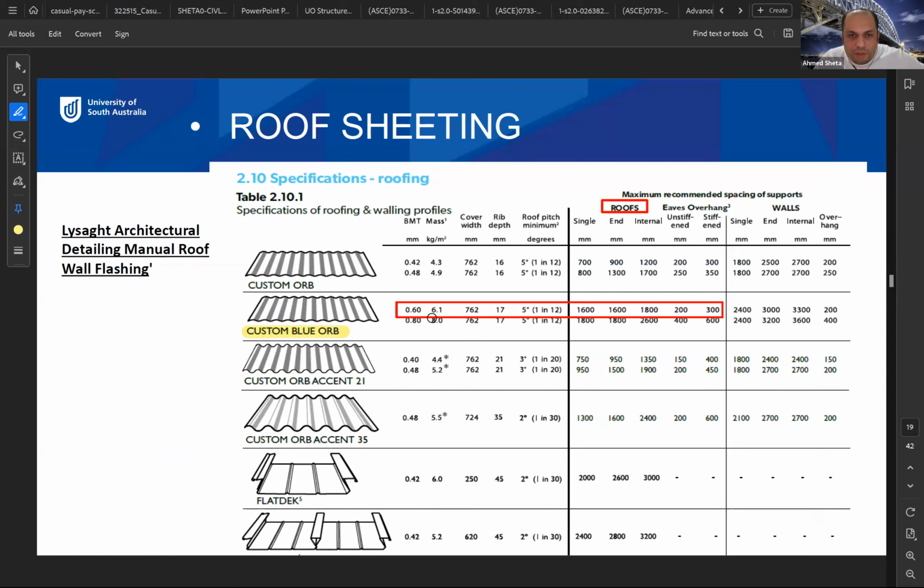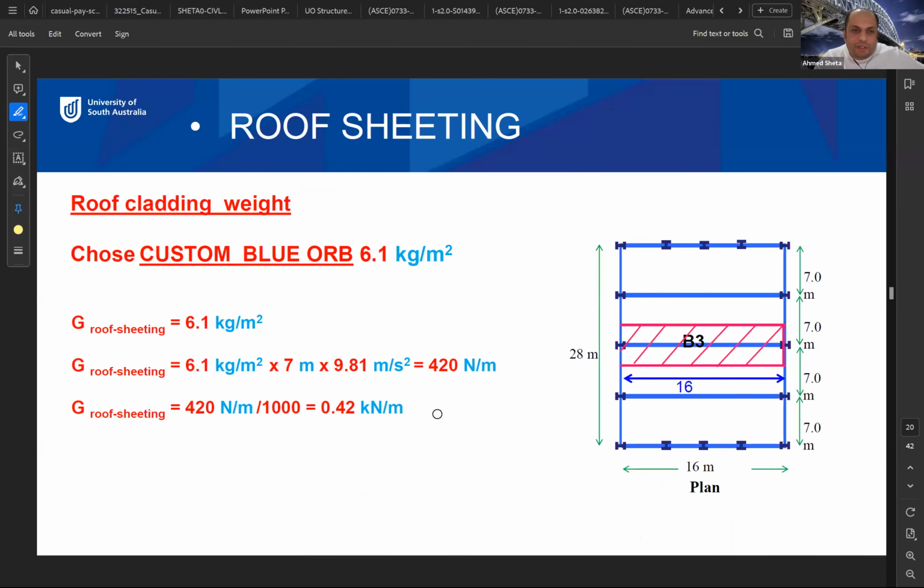So what you need from here is the weight or the mass. How much is the mass of this type of roof sheeting? 6.1 kilogram per square meter. Okay. And if you go to the next step, this load is given in kilogram per square meter.